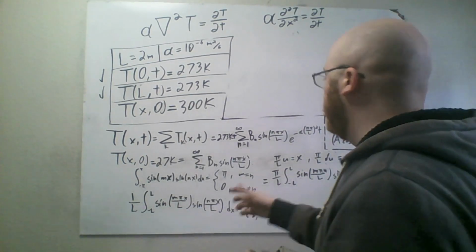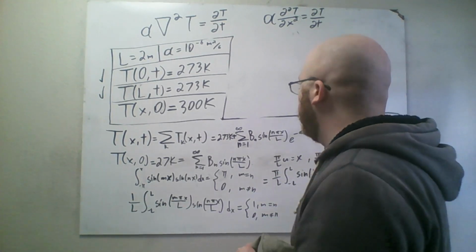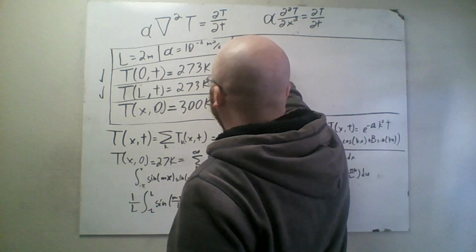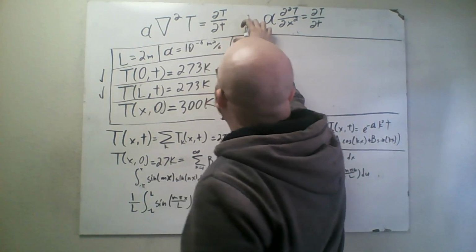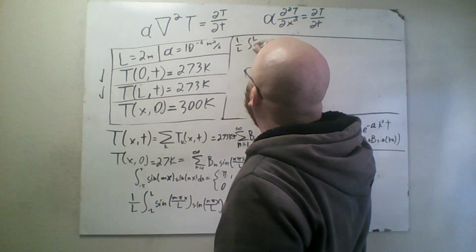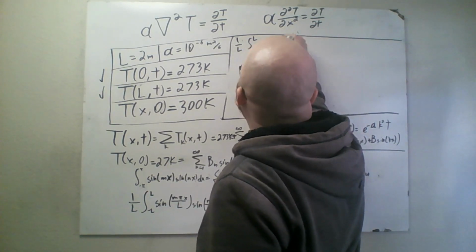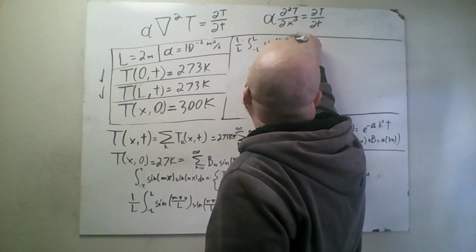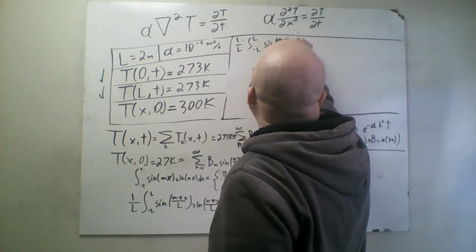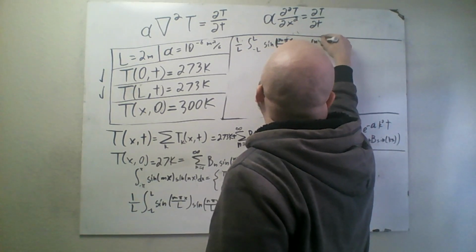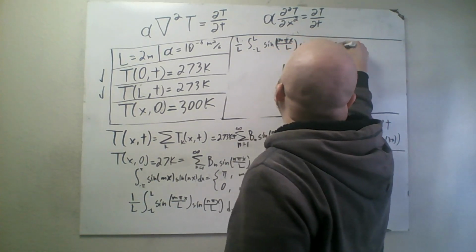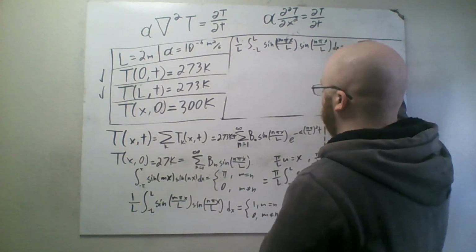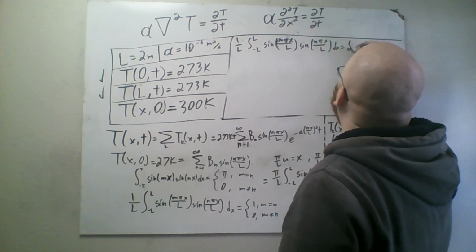But yeah, so let's move this up here because this is a really important fact. 1 over L, integral from negative L to L, sine m pi x over L, sine n pi x over L, equals, I'm gonna use this symbol.